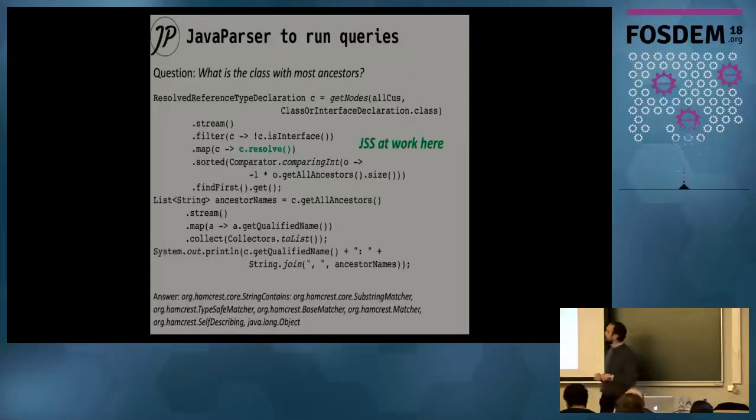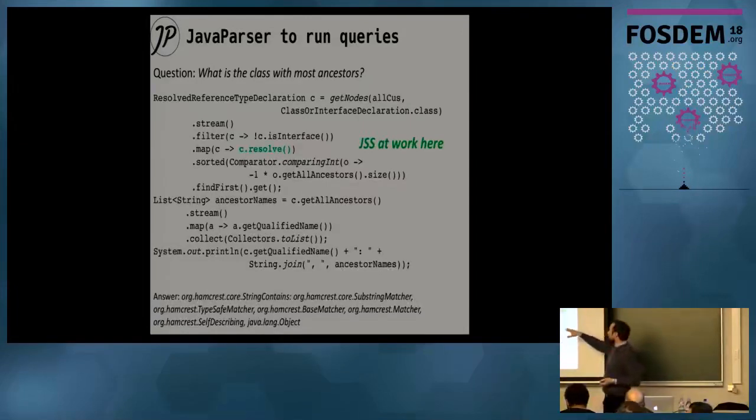we use symbol resolution instead in this example. In this case, we are asking what is the class with the most ancestors, so most superclasses and interfaces that were extended or implemented recursively. So in this case, I take again all the classes, then I call resolve to get the version of the class declaration with all this information resolved, so with the reference to the parent, so that I can jump into that declaration and examine it.